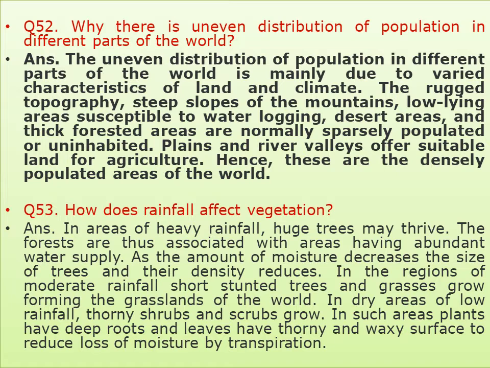In the regions of moderate rainfall, short-stemmed trees and grasses grow, forming the grasslands of the world. In dry areas of low rainfall, thorny shrubs and scrub grow. In such areas, plants have deep roots and leaves have a thorny and waxy surface to reduce loss of moisture by transpiration.